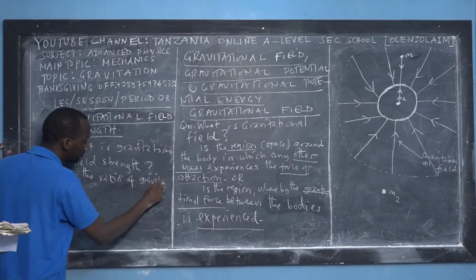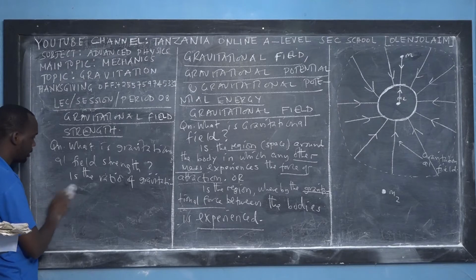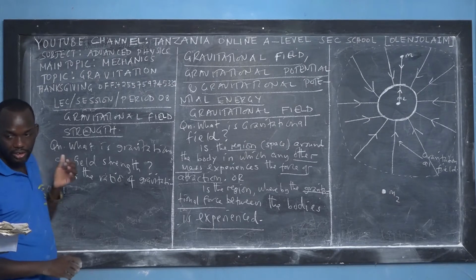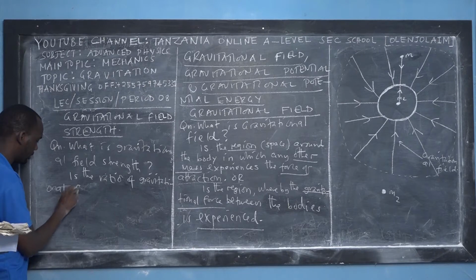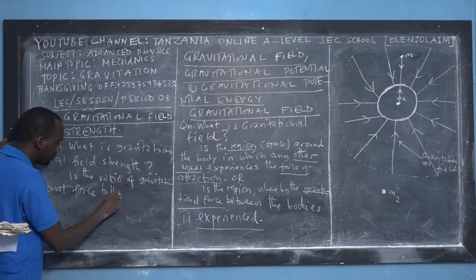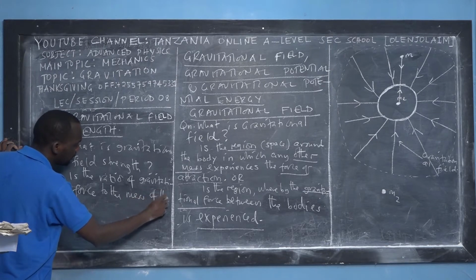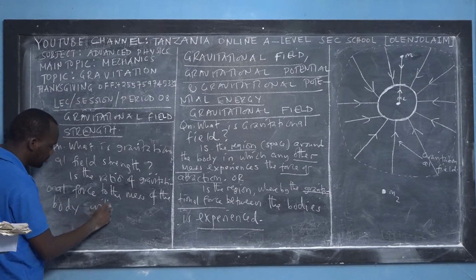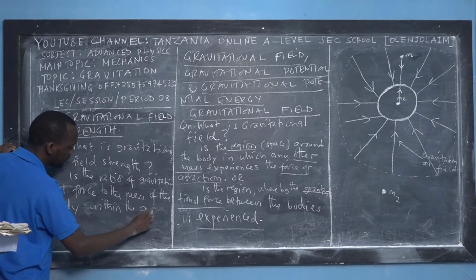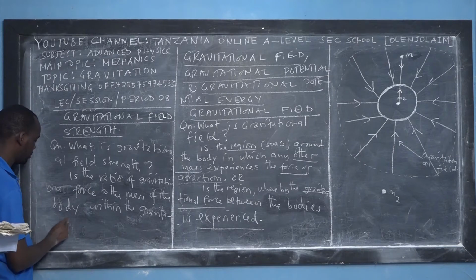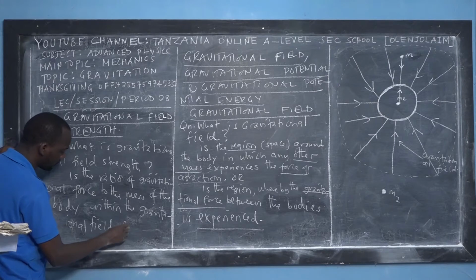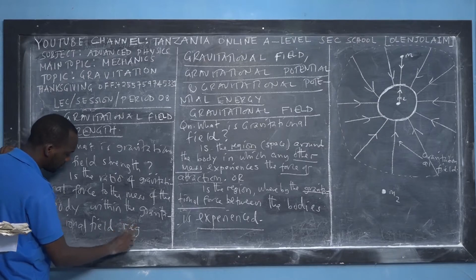It is the ratio of gravitational force of attraction to the mass of the body within the gravitational field region.